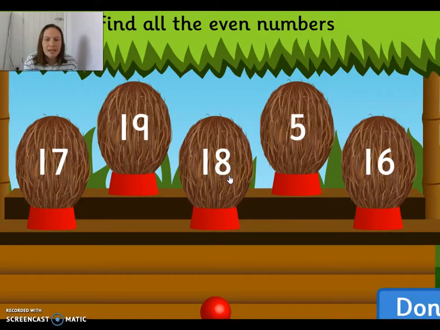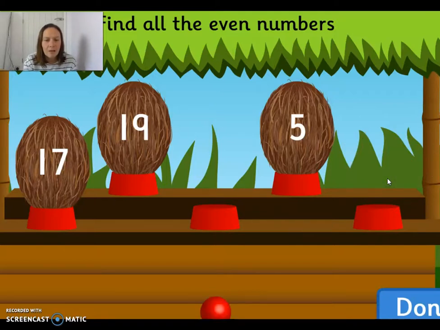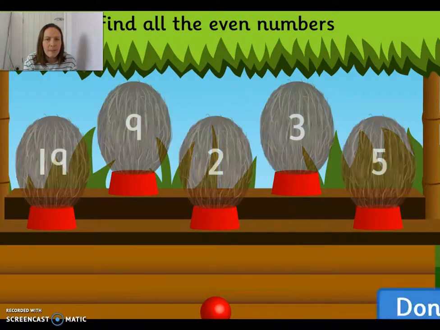You're right, it's even. 5. Well, we know that one. That's odd. And 16. 6. That's it. You're right. Well done. So 6 is even. There we go. Right, we'll click done because I think we're done.